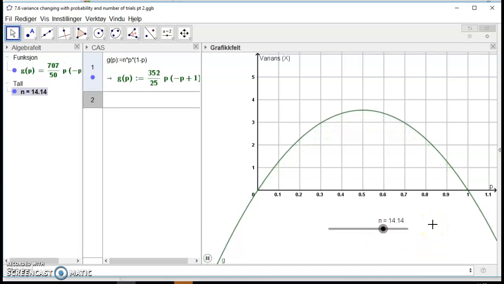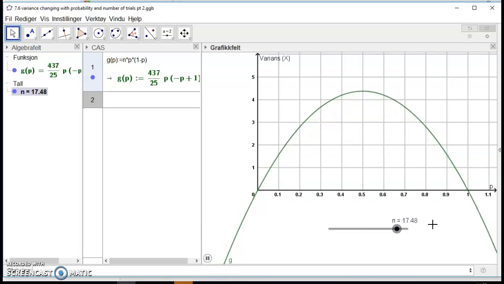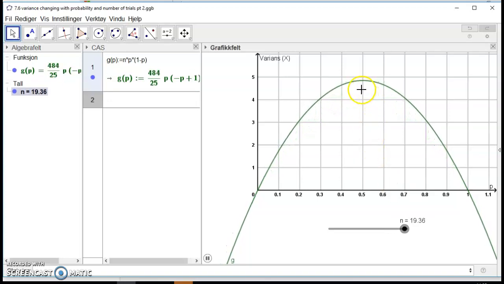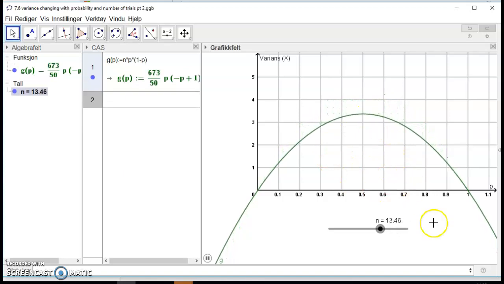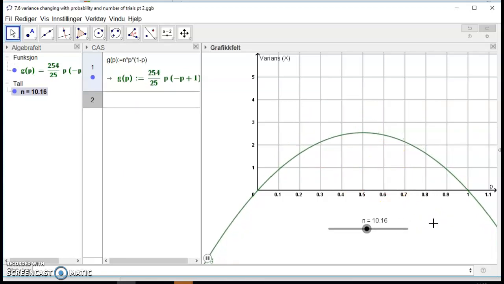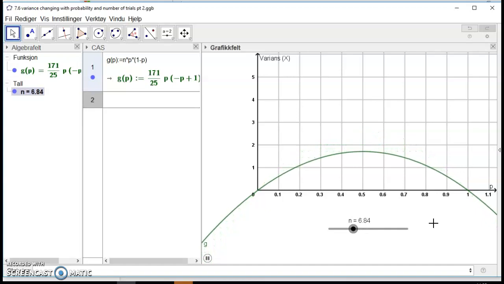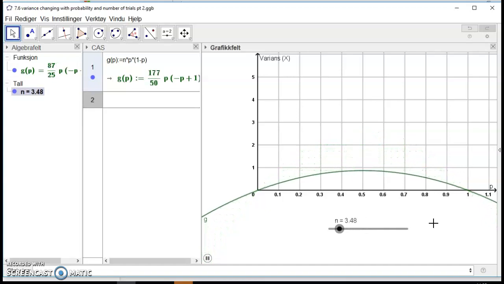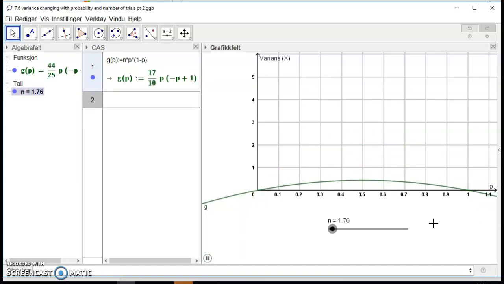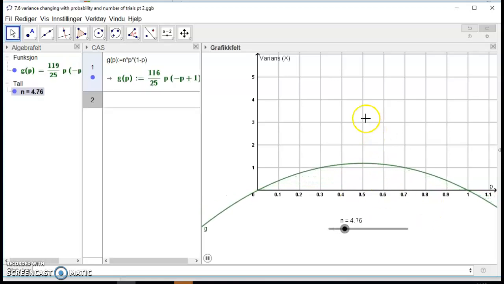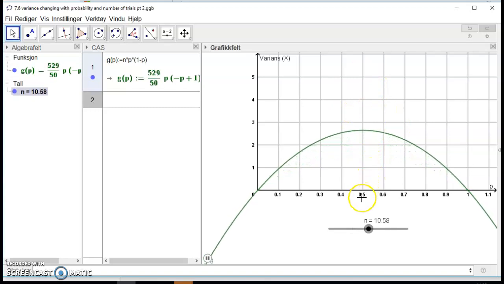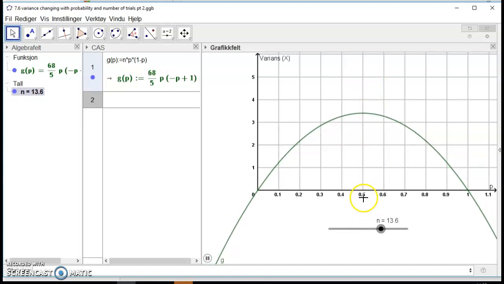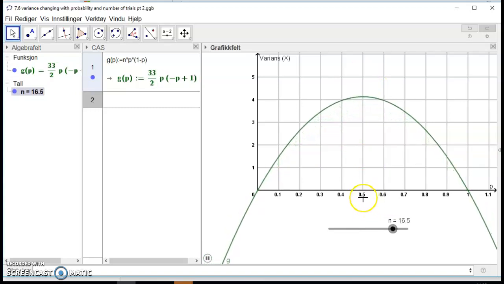Okay, as the number of trials goes up, you can see that the variance increases, like we saw before. But we can also see where the variance is greatest. And the variance is greater around the center here. And this is also where the probability is nearest 0.5.